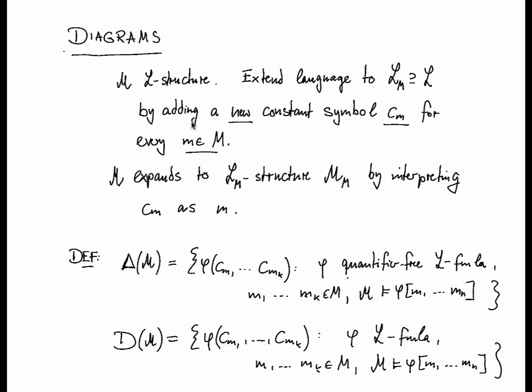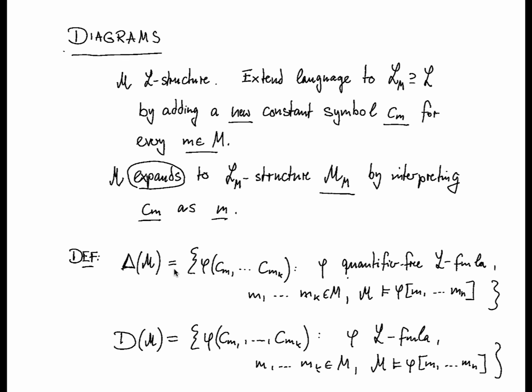And now we're able to address every element of a structure in a formula directly, by just interpreting the constant symbol c_m as m. This way, we clearly can expand a structure M to an L_M structure M_M, by interpreting c_m as m.